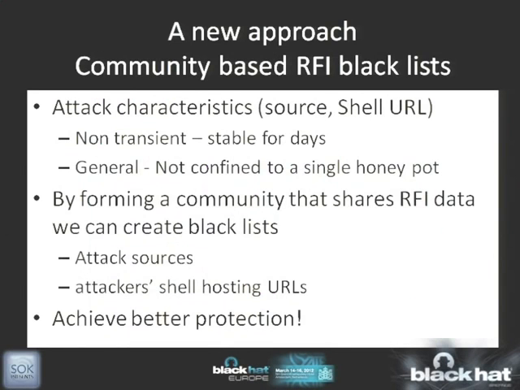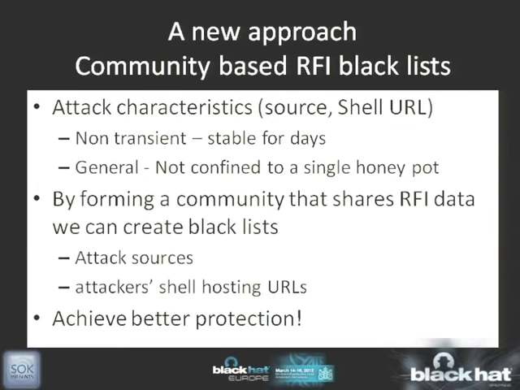Now that we have observed the behavior of RFI and LFI attacks in the wild, we can suggest a new approach of community-based RFI blacklists to fight back against RFI and LFI. The attack characteristics, both the source analysis and shell URL analysis, reveal that both sources and shell URLs are non-transient, and some of them are stable for days and even months.